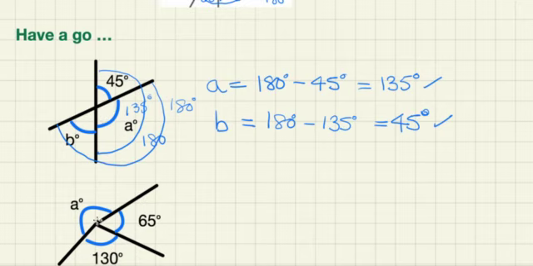So have a go with this question. These are angles around a single point. That's the point, and you have lines coming off. Can you work out the angle of that? Okay, let's see if I get the same answer as you.